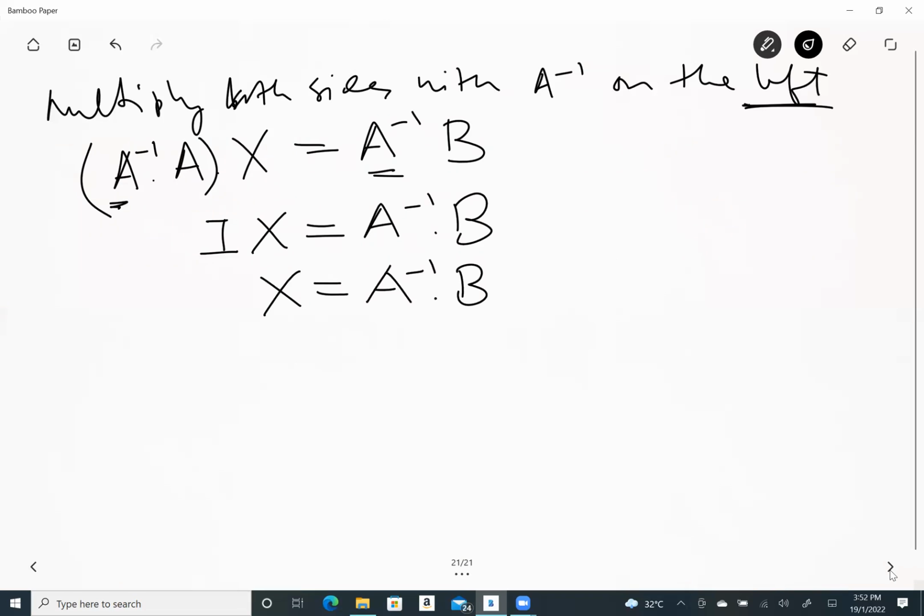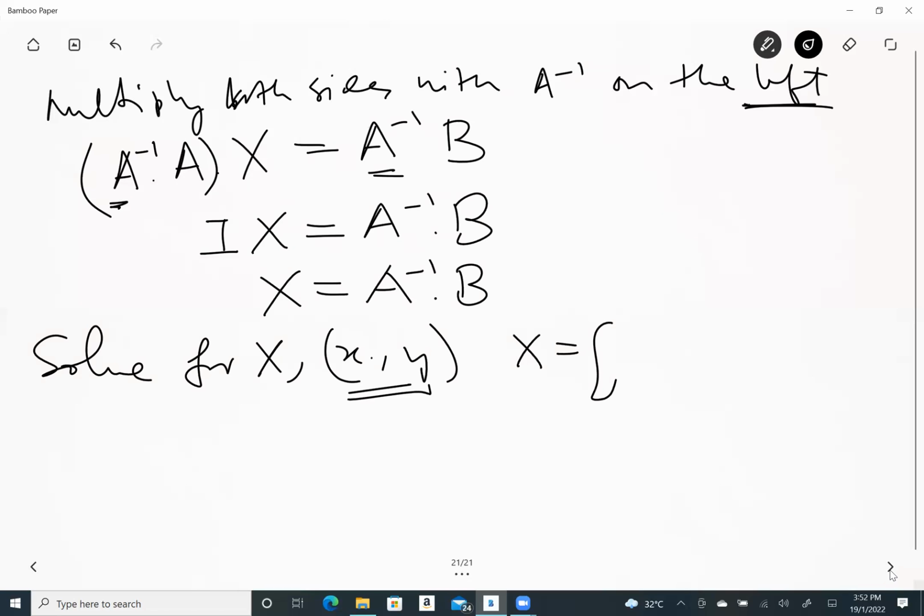So in order for you to solve for X and Y, if you use the previous understanding for X and Y, same thing, because X is equal to the vector XY, right? You just need the inverse of A. So you have to find the inverse of A, okay?